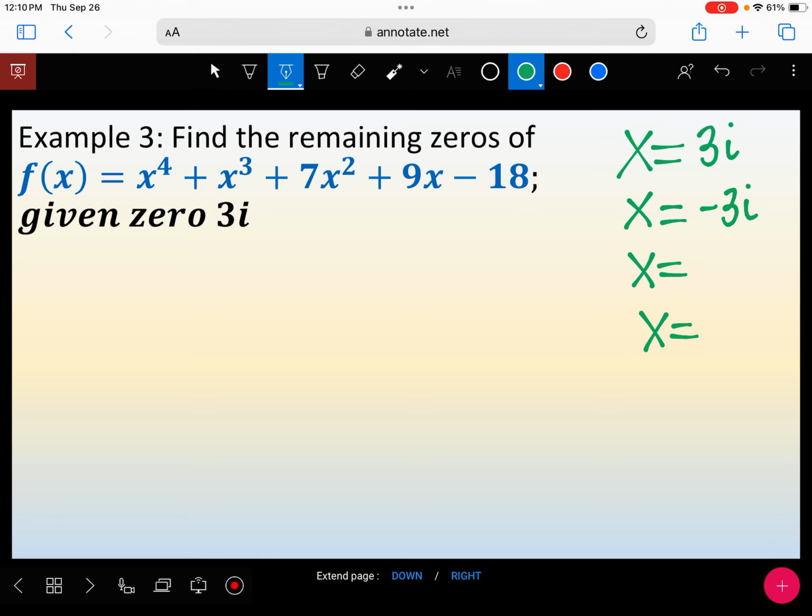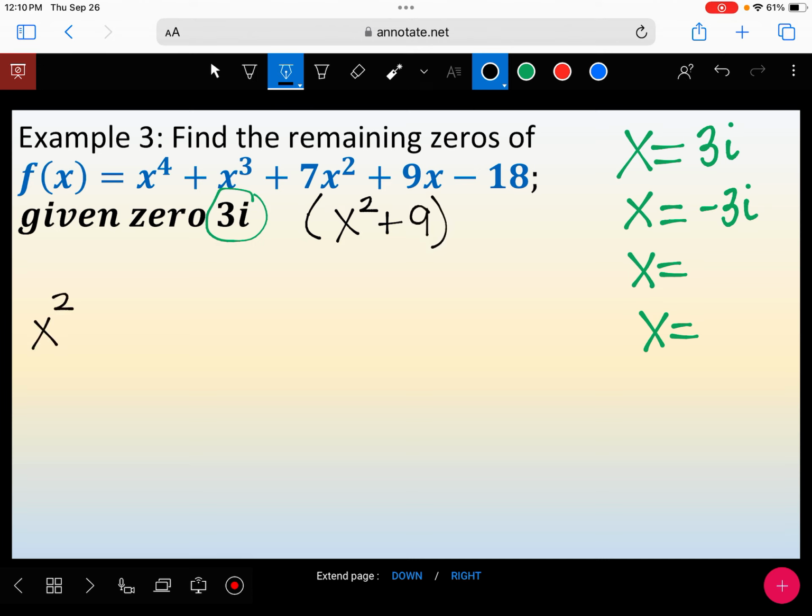So if they told me that I have a 0 at 3i, then what's the factor that I know? X squared plus 9. So that's what I have to divide into it.